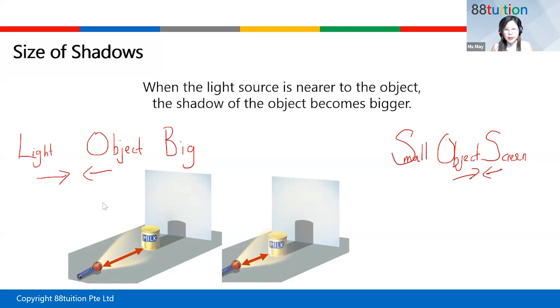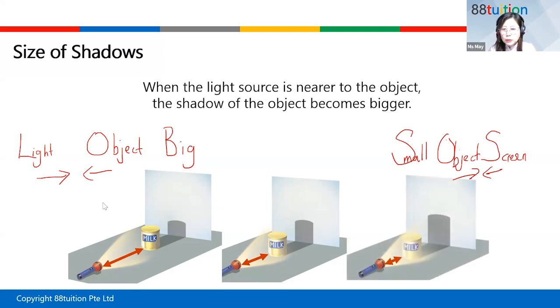So that is my SOS. Again, like what Kaden says, if you bring the object closer to the light source, you are blocking more light. Because you're blocking more light, the shadow becomes bigger, right?